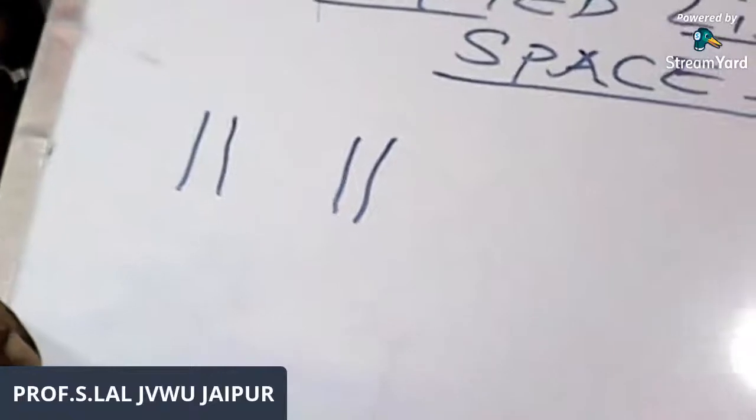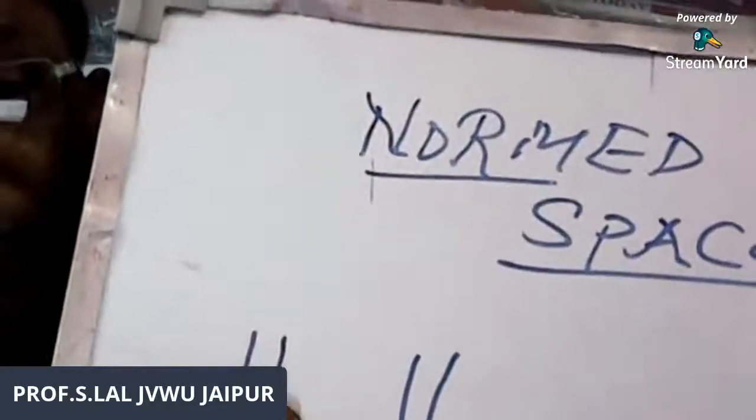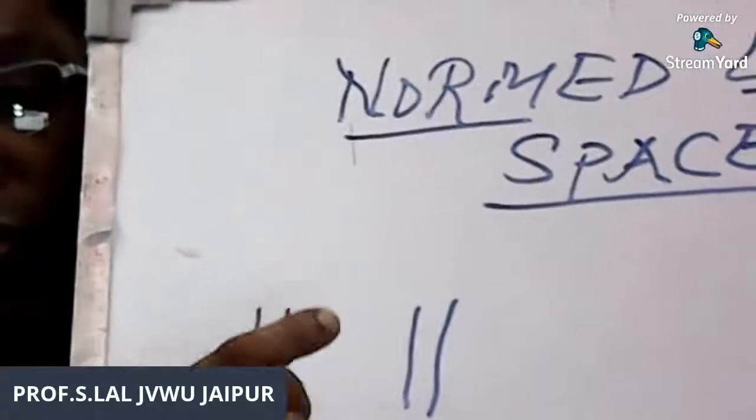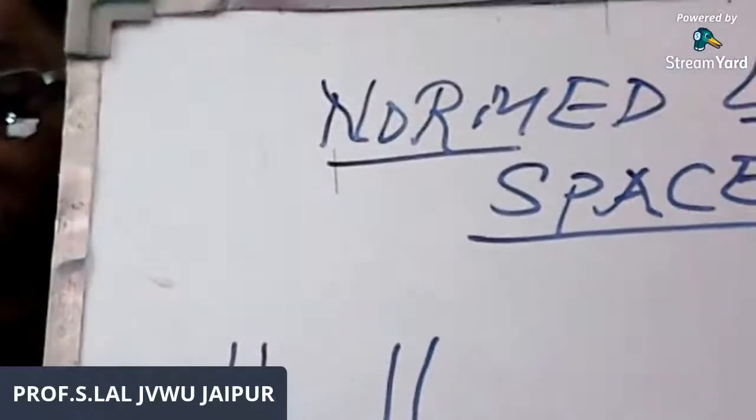I hope you are seeing this. Two vertical lines on the left and two vertical lines on the right. This is read as norm of.